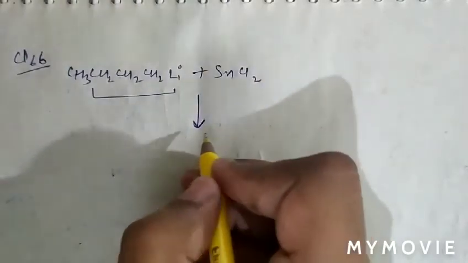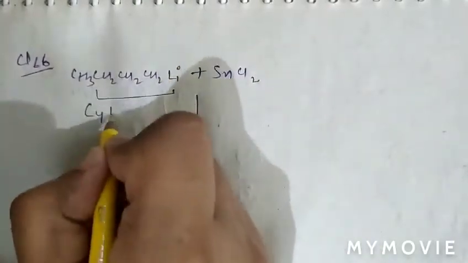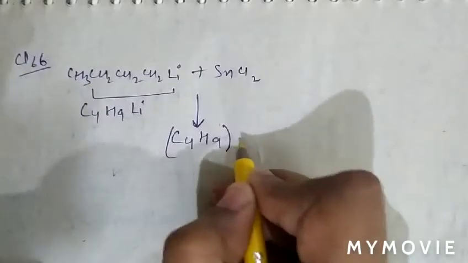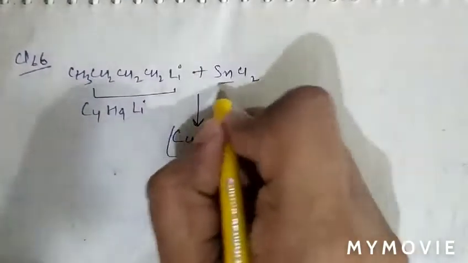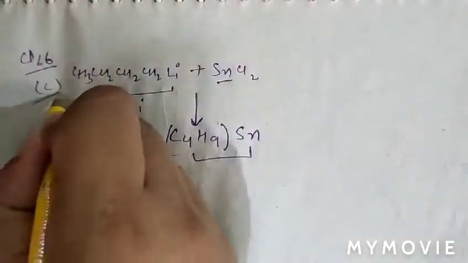So tin is present only in option C. So it will form C4H9, as this is C4H9Li. So it is C4H9 and it is bonded to which atom? That is tin, as it reacted with tin. So this compound will be formed. So for question number 65, option C is correct.